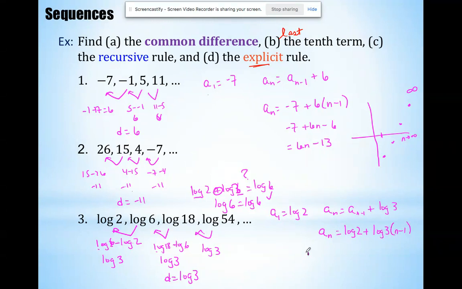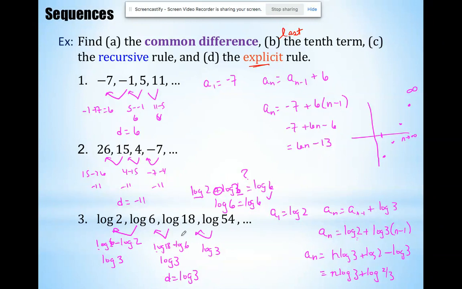Let's clean this one up. n log 3, I don't want to write the n last because then it looks like log 3n, plus log 2 minus log 3. Oh my Lanta.